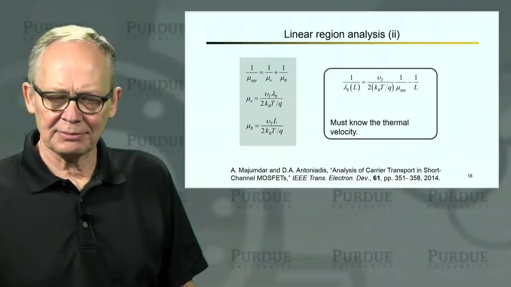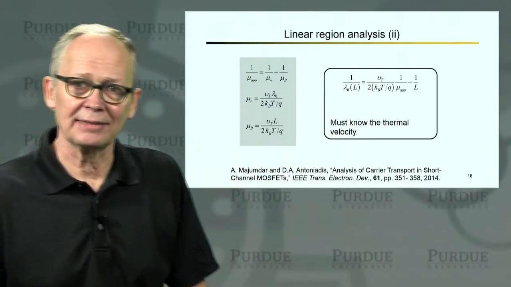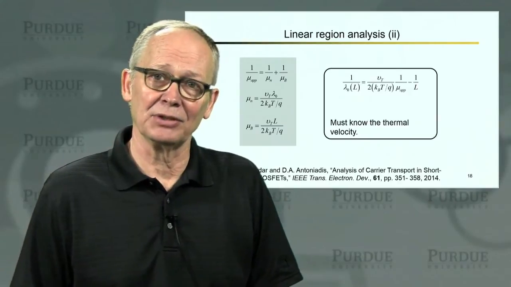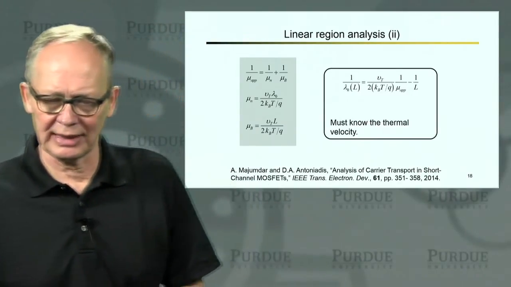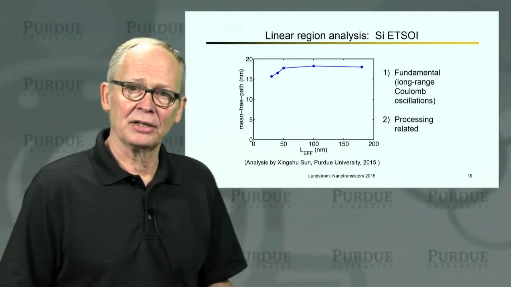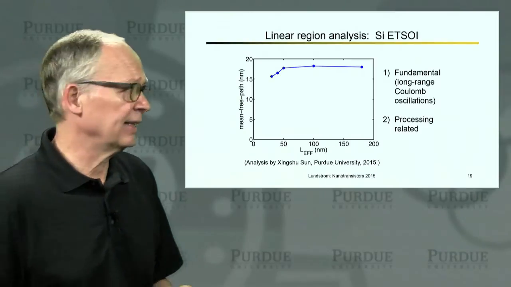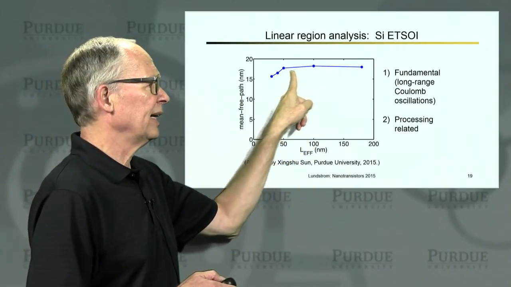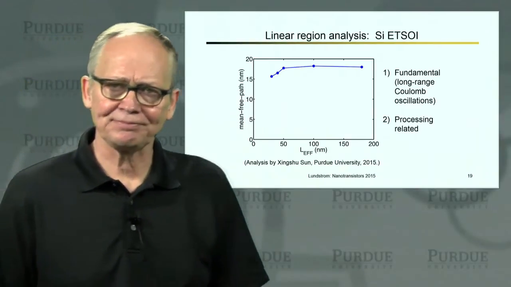I point out that in this case, we must know the thermal velocity. In the previous case, I didn't have to know the thermal velocity. In this case, I have to reliably know that thermal velocity. But if I do, I can extract the mean free path. And if we do that for the silicon ETSOI device, what we'll find is that for very short channel lengths, the mean free path drops a bit.